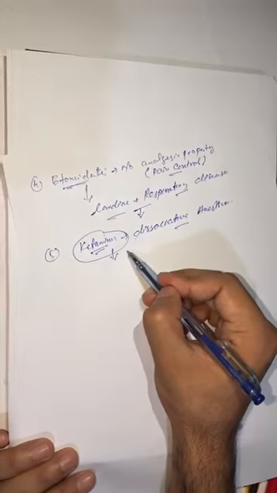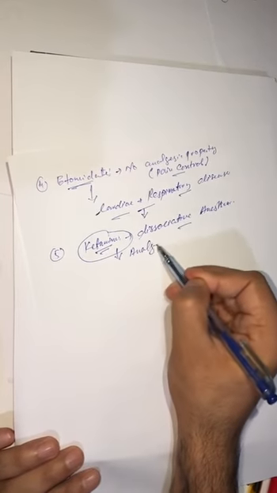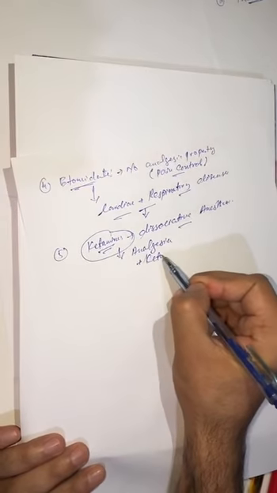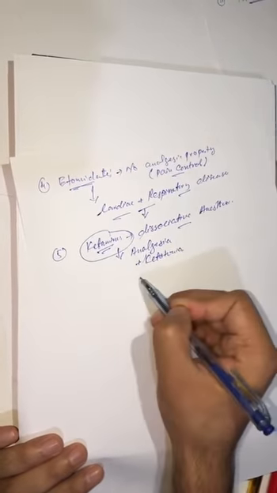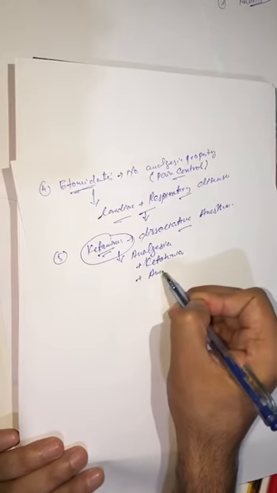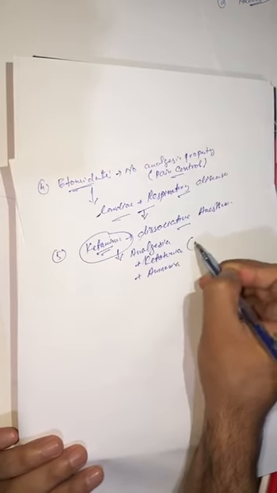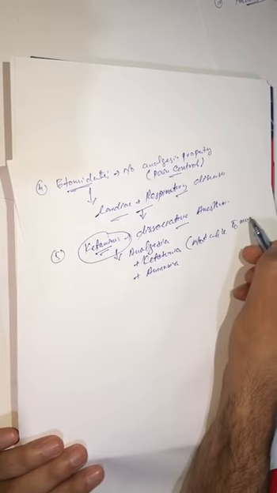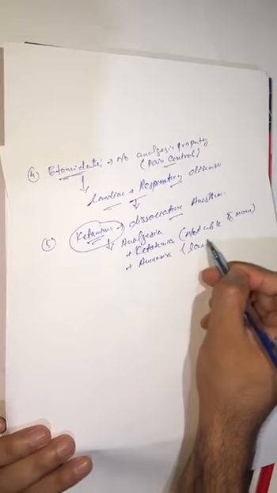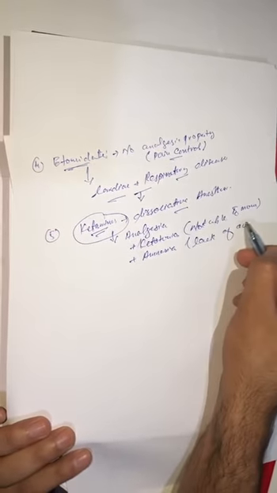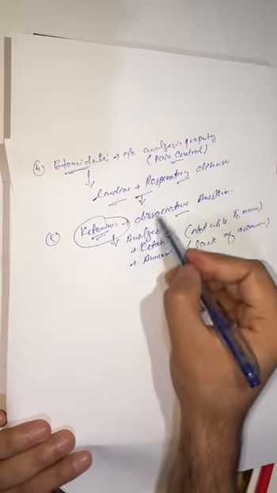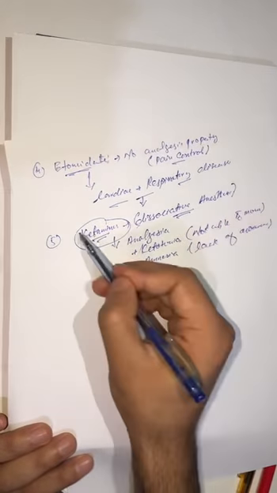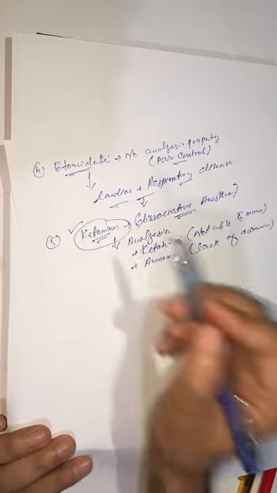Three properties it gives: the first one is analgesia, plus catatonia, and the third one is amnesia. Catatonia is not able to move. Amnesia means lack of awareness. So this is an MCQ. Always remember: which of the following drugs causes dissociative anesthesia? The option is ketamine.